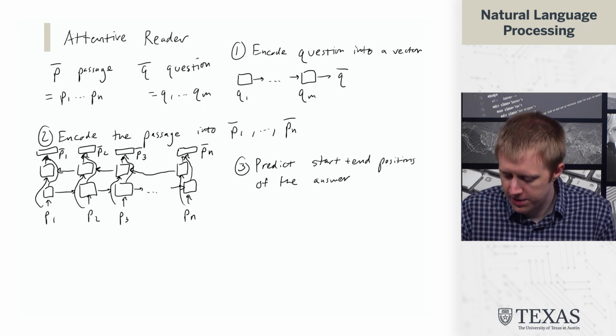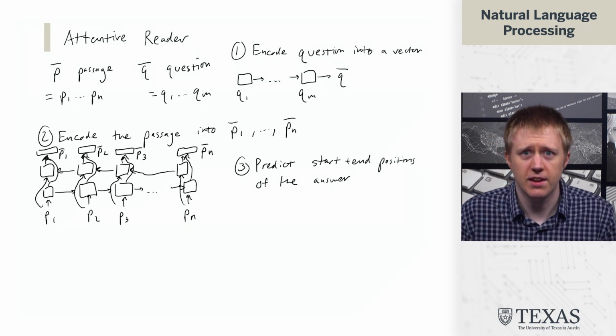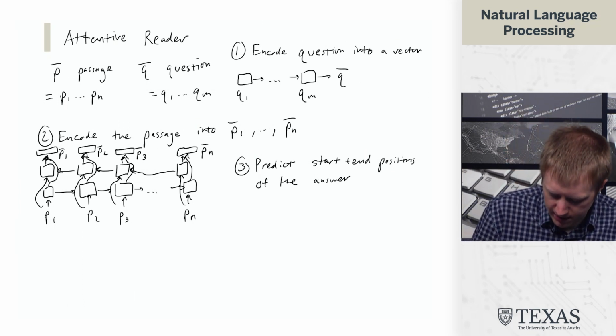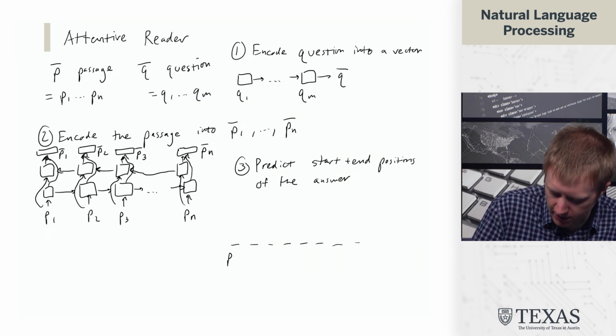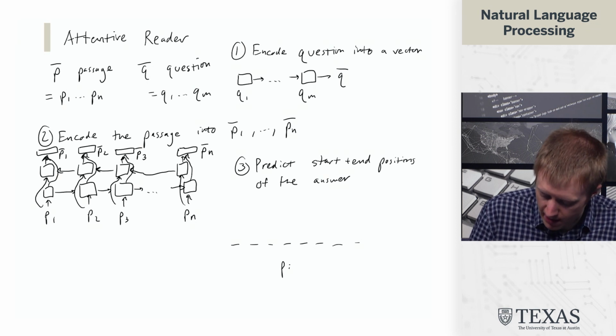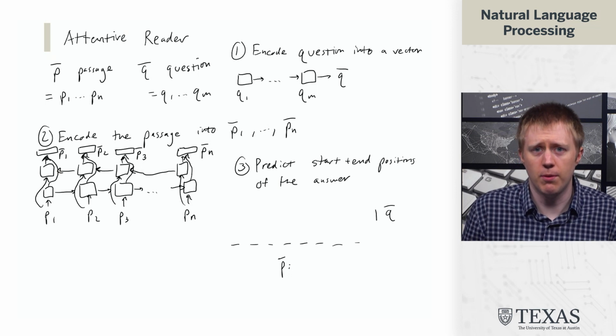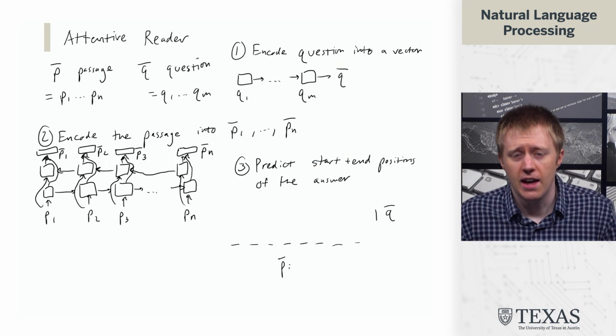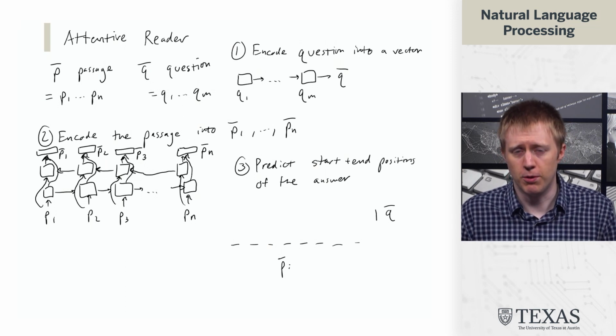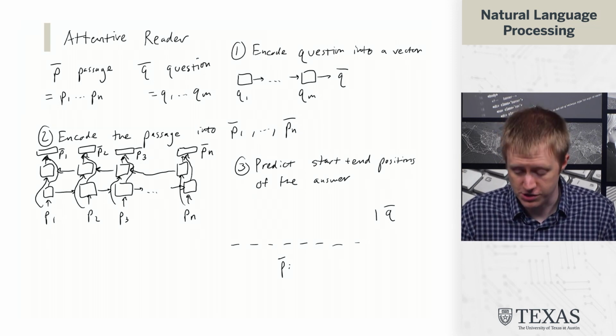The way to think about this is that we have this set of vectors, which I'm going to call Pi, and we have this vector Q. What we want to do is turn this into a distribution based on where it seems like Q is answered in the passage. This looks like something that we've seen before, and what it looks like is attention.